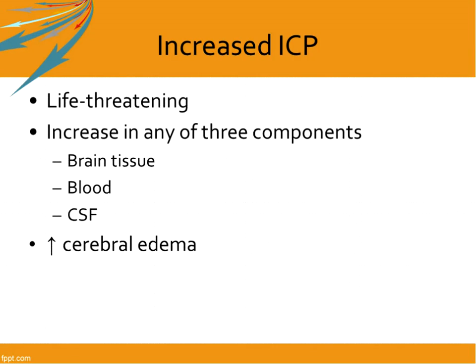We can have several causes of increased intracranial pressure, and it can be from any of three components. So common causes include a mass, so that would be something like a hematoma, a contusion, an abscess, those types of things, a tumor. We could have cerebral edema. This could be associated also with brain tumors, hydrocephalus, or a head injury, or brain inflammation, okay?